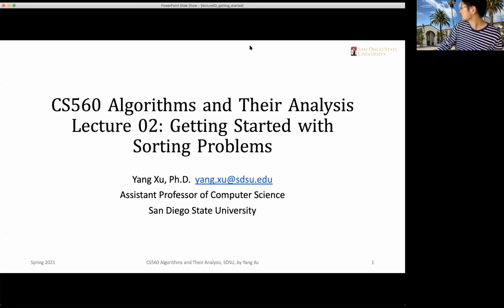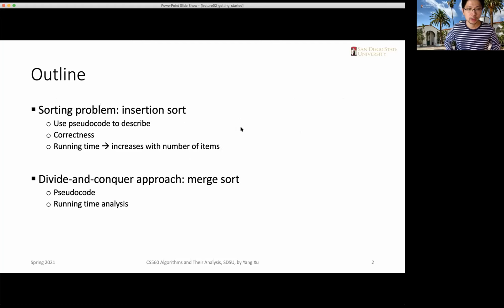All right, so we will get started. We will have a taste of how an analysis of algorithms is conducted, using a sorting algorithm as a typical example. For the sorting problem, I think we covered what an algorithm is in the last lecture.